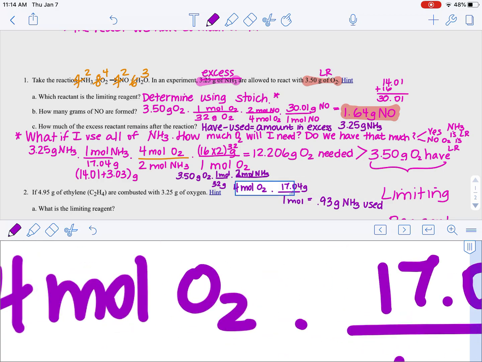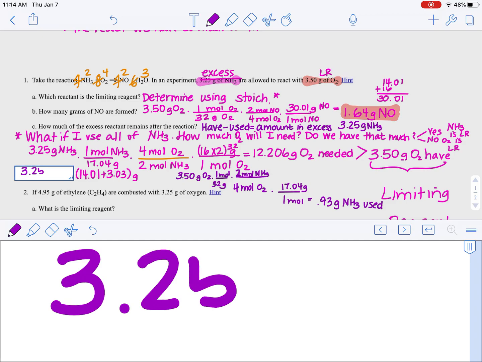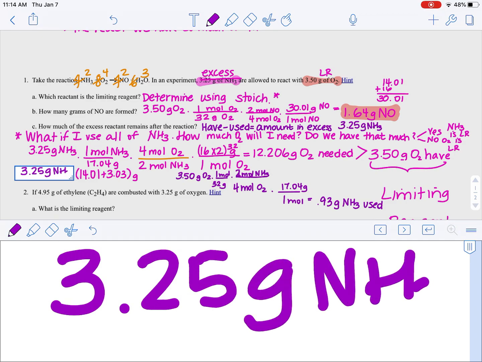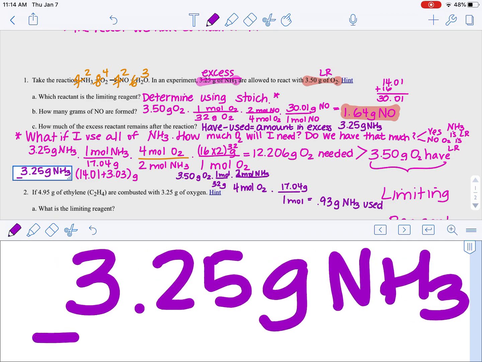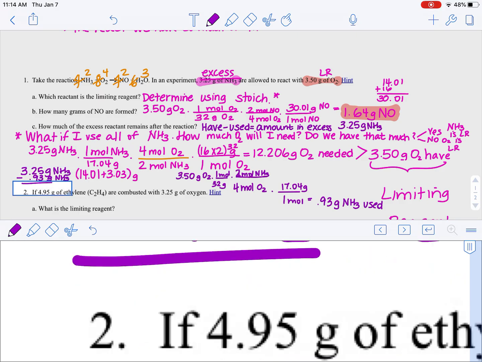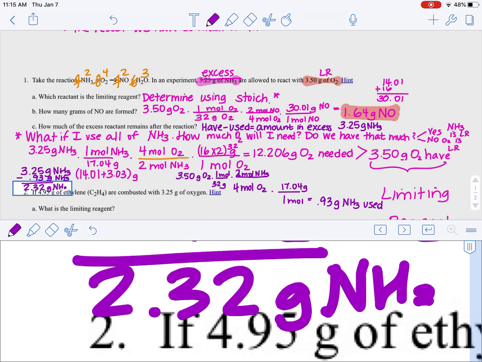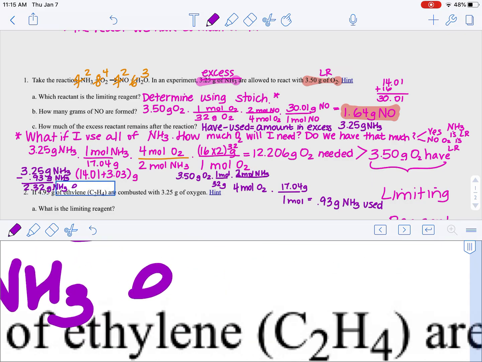To figure out how much is in excess, we take what we have, 3.25 grams of NH3, subtract from it how much we've used, 0.93 grams, and the difference, 2.32 grams, is how much is in excess.